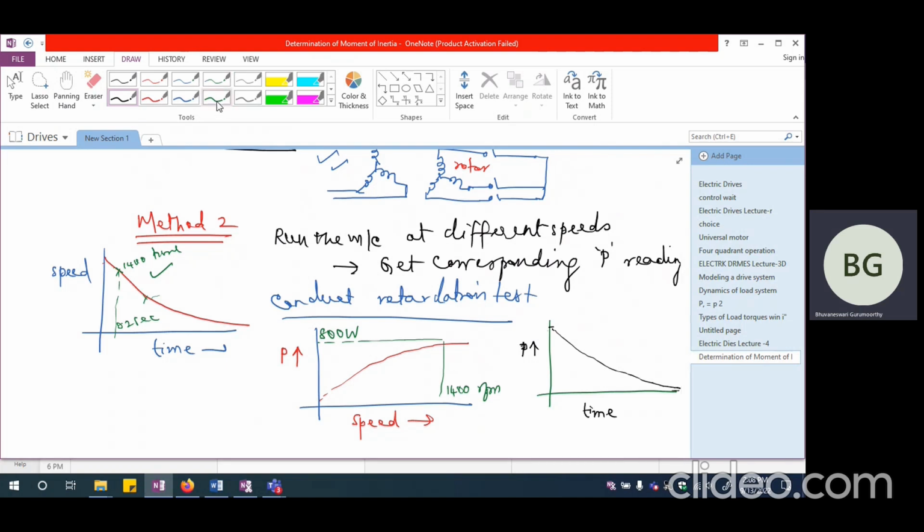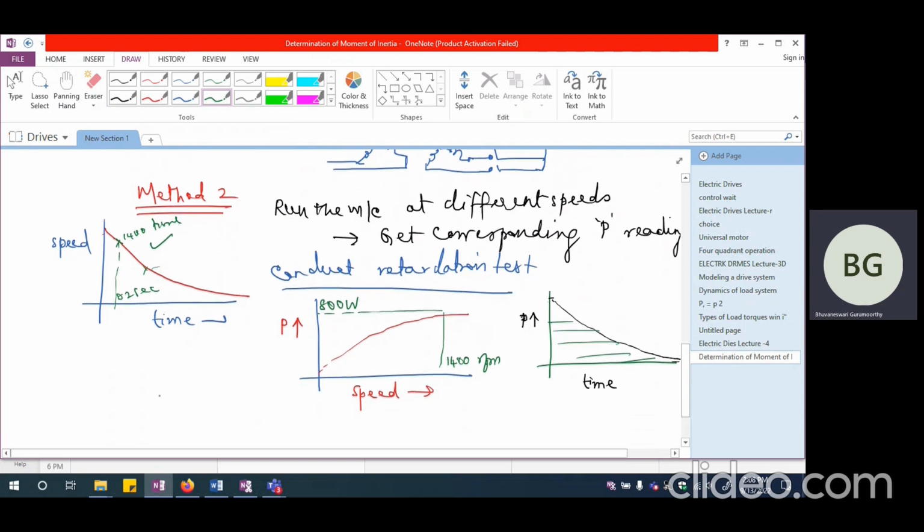If I try to get the area under this curve, this is as good as integrating P, the power loss, with respect to time. So this should be the total energy lost during the entire interval of time.